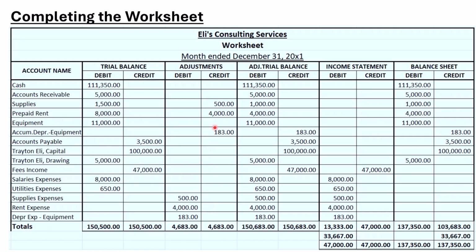One adjustment for supply expenses, one adjustment for prepaid rent, and the third adjustment for depreciation. And we're ready to journalize and post these adjustments shown on the worksheet to the permanent accounting record, the general ledger. Otherwise, our general ledger would not agree with our financial statements.